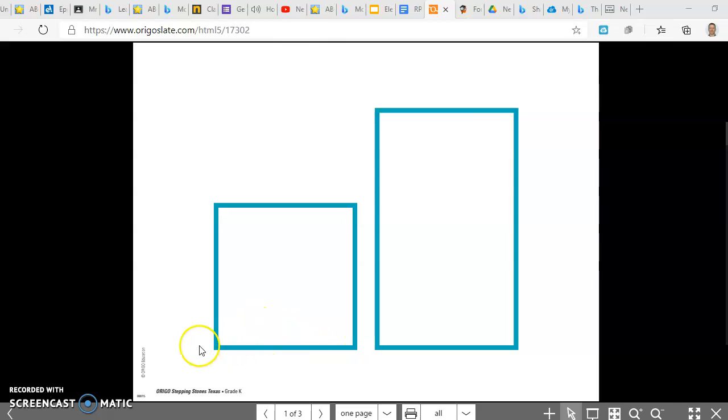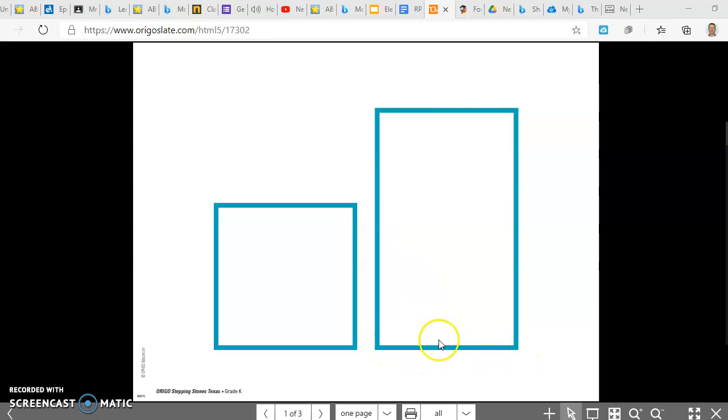But because the sides are all the same length, it's called a square rectangle. And we just call them squares. But this is actually a square rectangle. Now, is this one a square rectangle? Let's see if the sides are all the same length. Is this side the same length as this side? No, you can tell right away that it's not, right? Which is longer?